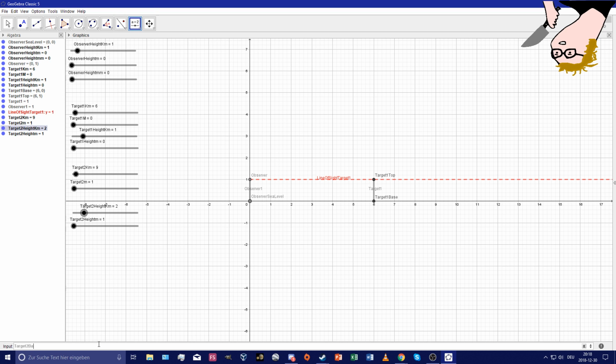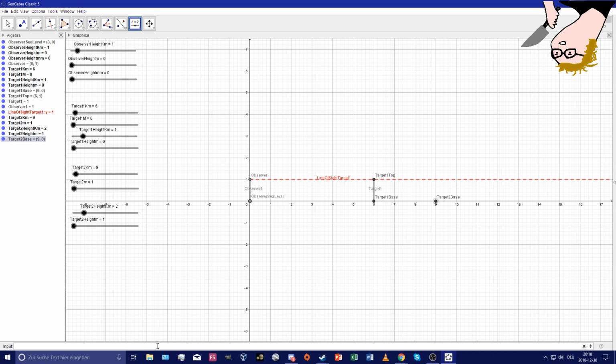Target 2 base equals target 2 kilometers plus 0.001 times target 2 meters. And on the y-axis it's 0. There we have our target 2 base.